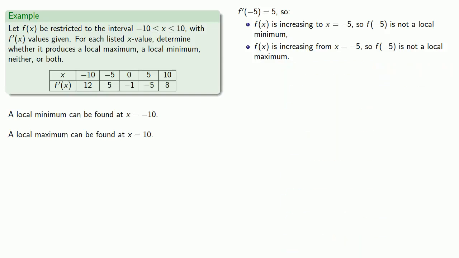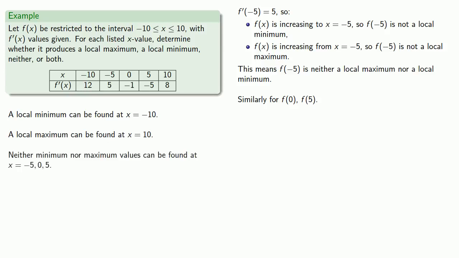And what this means is that f of negative 5 is neither a local maximum nor a local minimum. And a similar argument can be made for f of 0 and f of 5. And so neither maximum nor minimum values can be found in these other places.